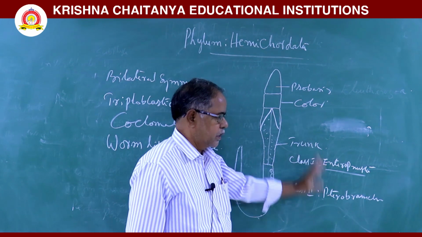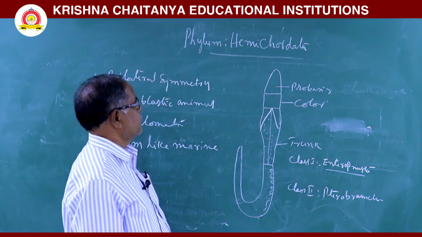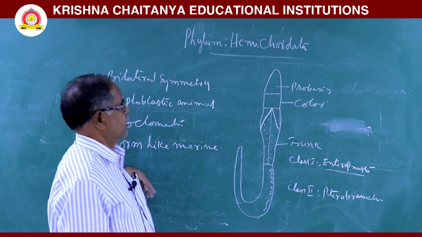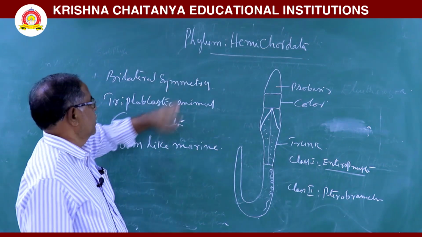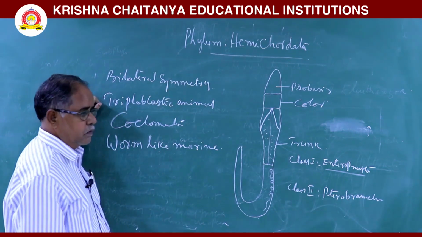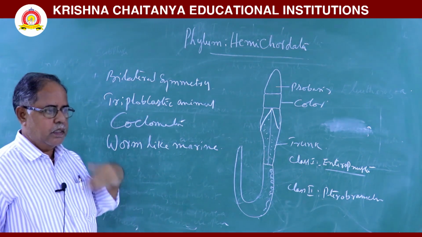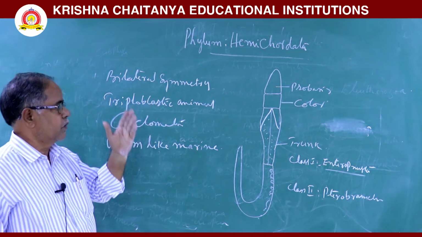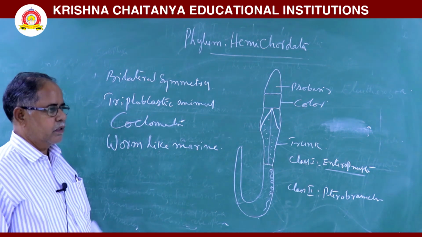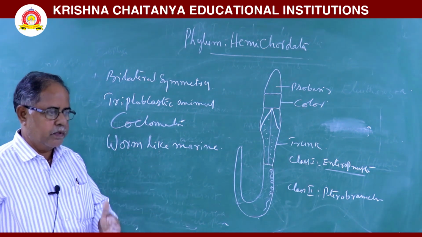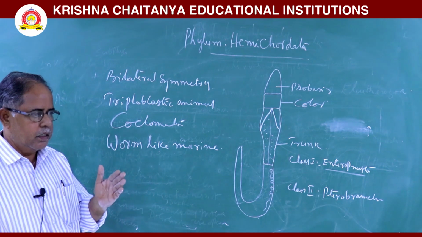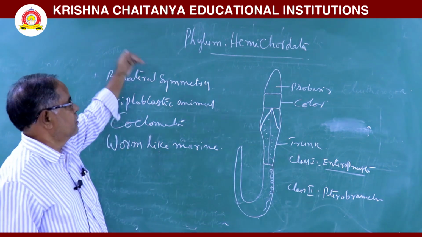This is the classification of hemichordates. Phylum Hemichordata. This phylum Hemichordata was previously kept as a subphylum in the phylum Chordata. After that, it was removed from phylum Chordata and kept as its own phylum.